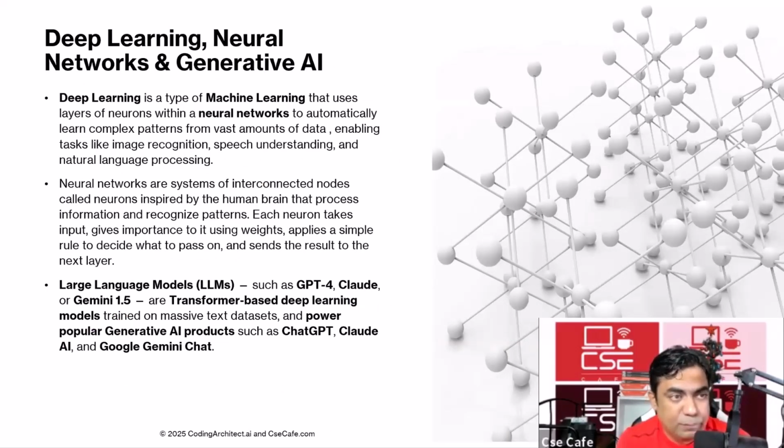So deep learning is a type of machine learning that uses layers of neurons within a neural network. So what are neurons? Neural networks are systems of interconnected nodes, like neurons, inspired by our human brain, that process information and recognize patterns.